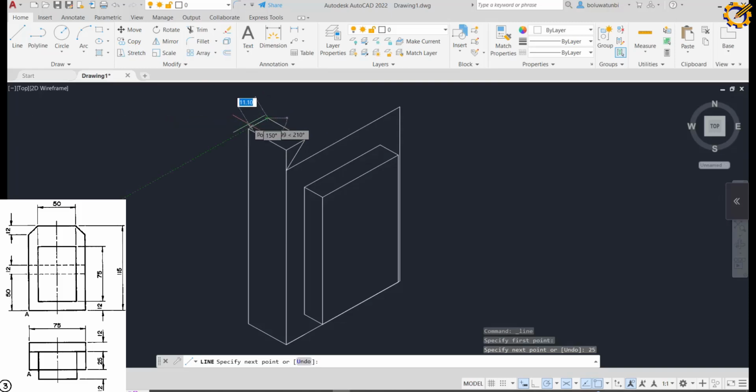Enter, and 25, and like this. So I'm trimming this.